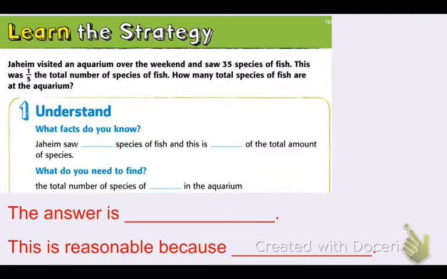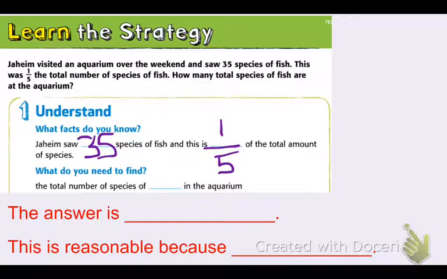Let's learn the strategy. Yahim visited an aquarium over the weekend and saw 35 species of fish. This was 1/5 the total number of species of fish. How many total species of fish are at the aquarium? Well, I know he saw 35 species altogether, and that's 1/5 of the total amount.